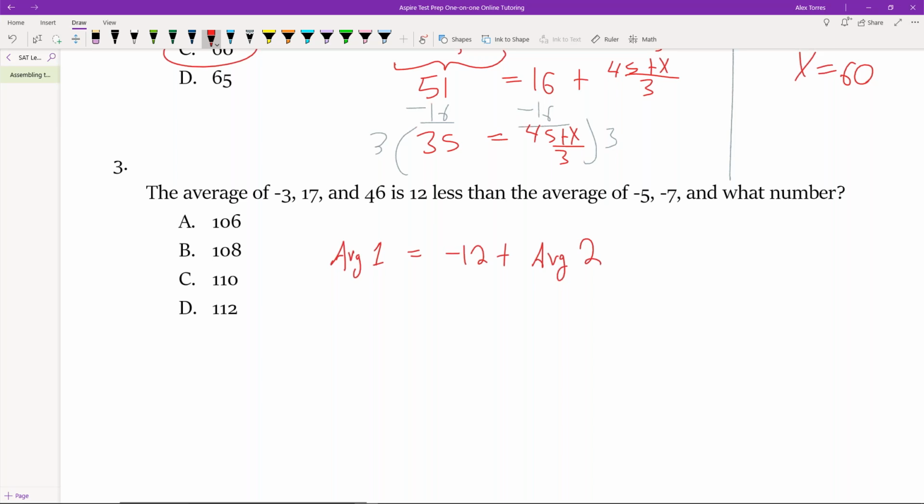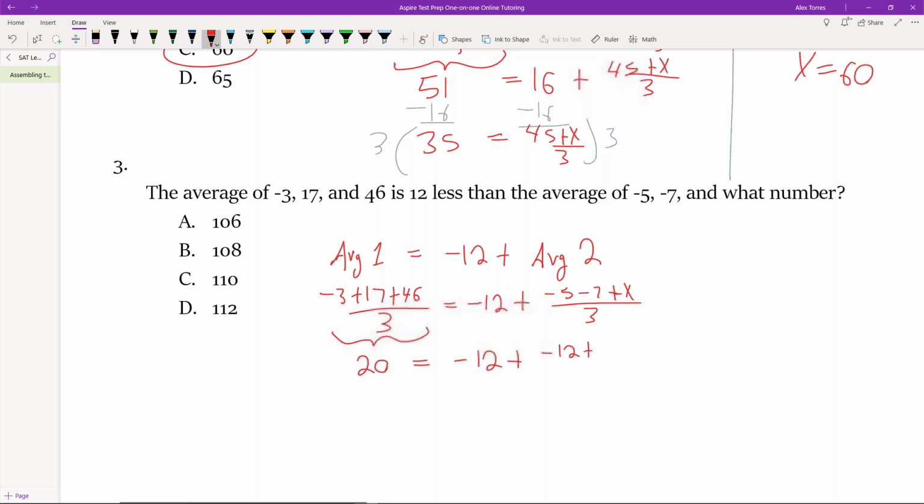So for number 3, we can fill in the first average, negative 3 plus 17 plus 46 all over 3 is 12 less than the second average, negative 5, negative 7, and the third number divided by the number of pieces. This thing here, if you just do that on a calculator, comes out to 20.